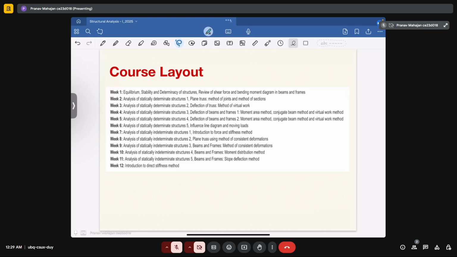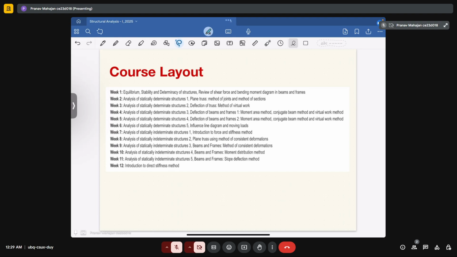But with a uniformly distributed load, it varies as a linear curve throughout the length. This variation changes to a 2-degree curve when you have uniformly varying loading.